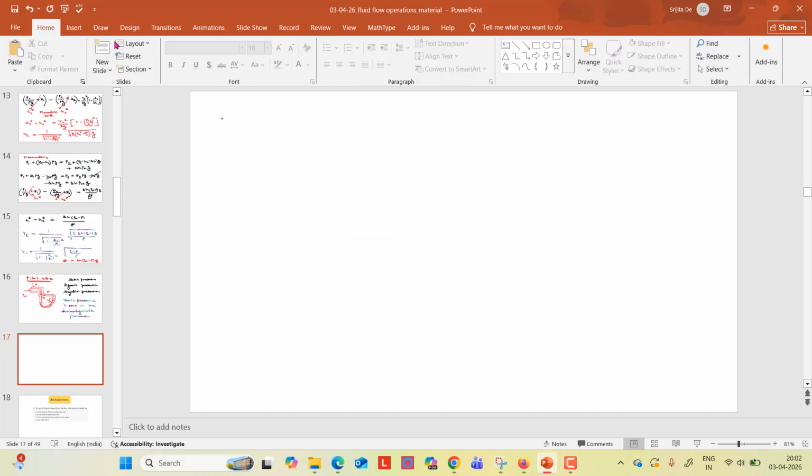Stagnation pressure is where the fluid velocity comes to zero.